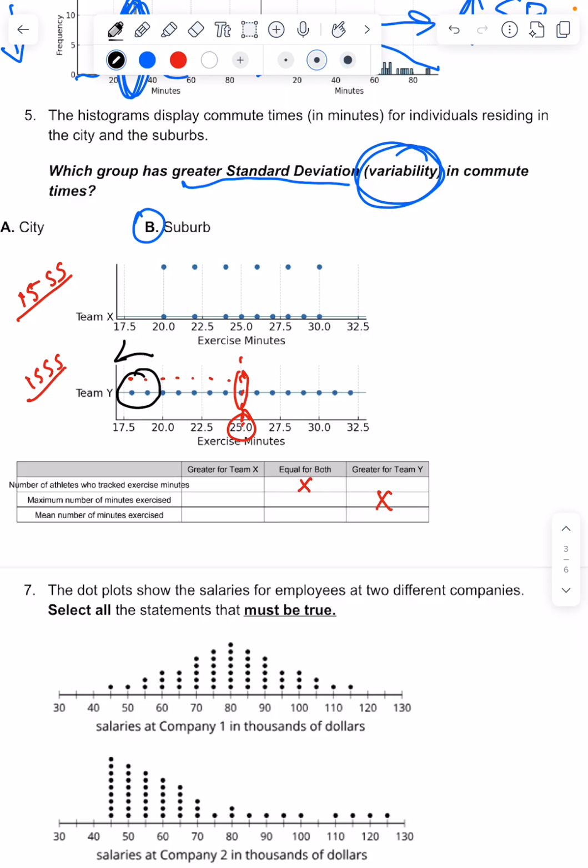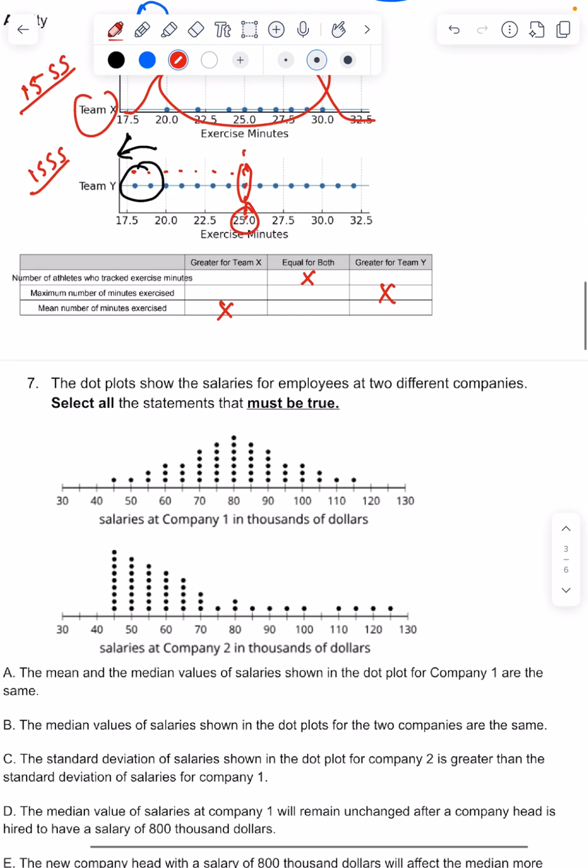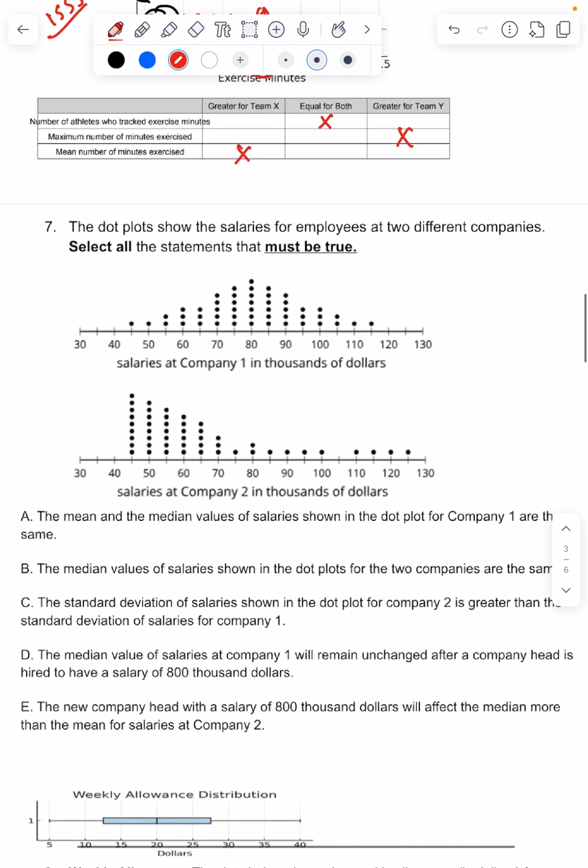So we know that the mean is going to get pulled more to the left. If you were to calculate, you'd arrive at the mean being greater for team X, because most of them are in the middle, versus this one, where we see more spread. So the mean number of exercise minutes was greater for team X.